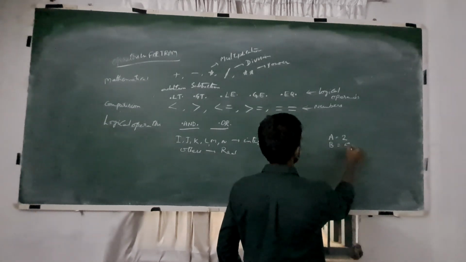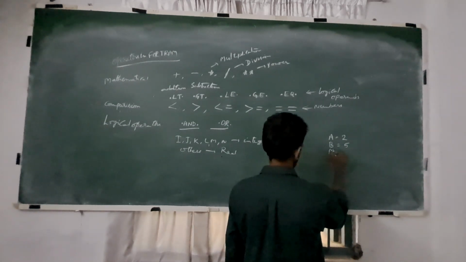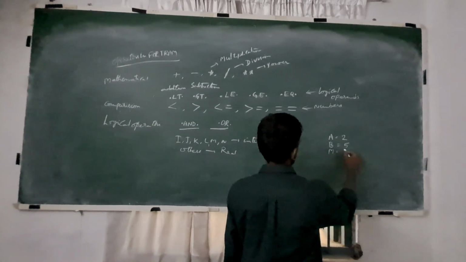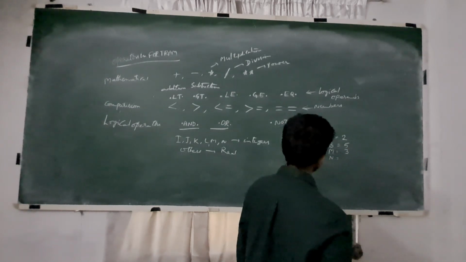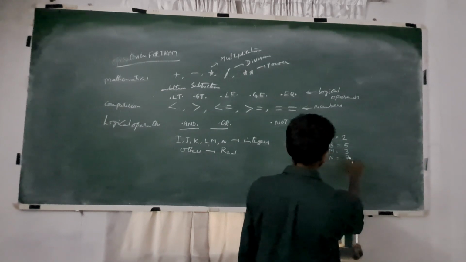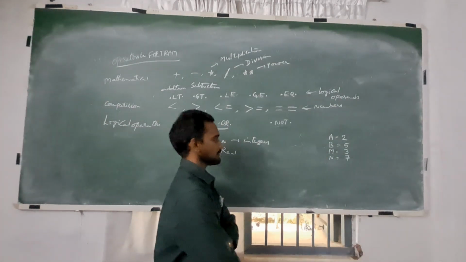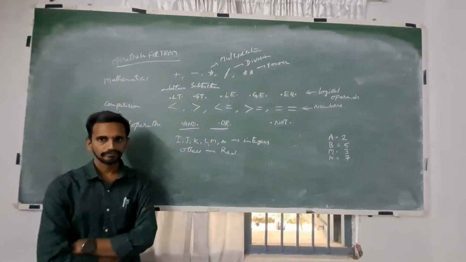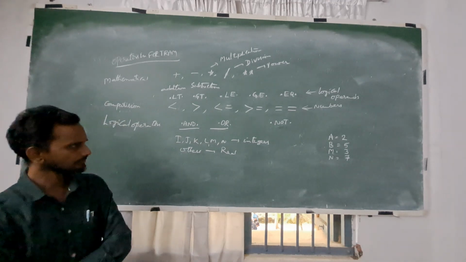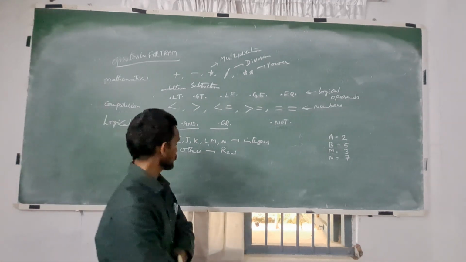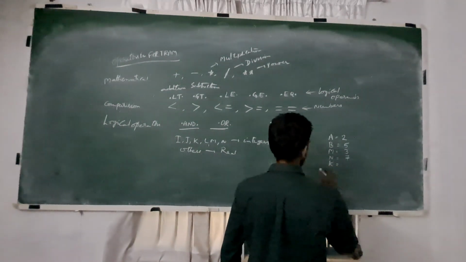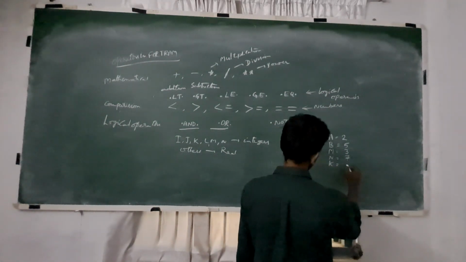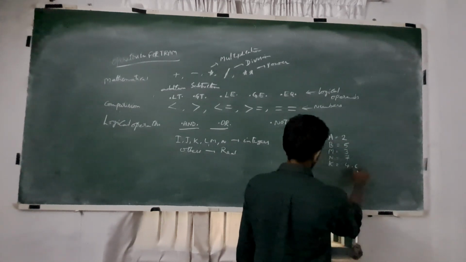B is 5. M is 3. N is 7. And I am defining real numbers, K is 4.0.